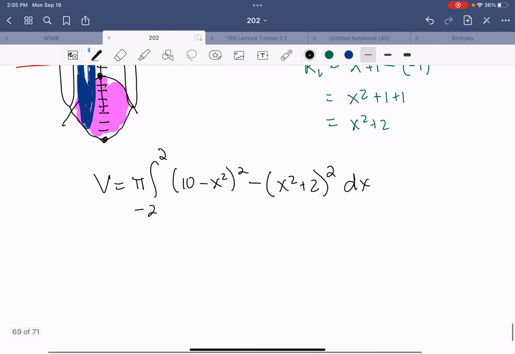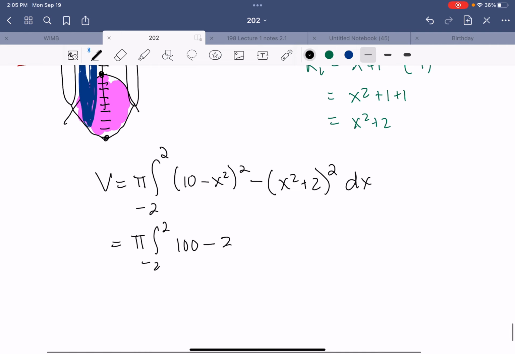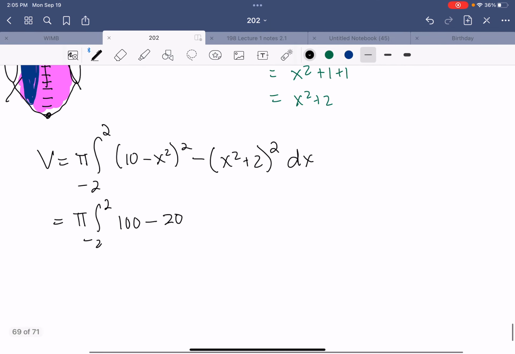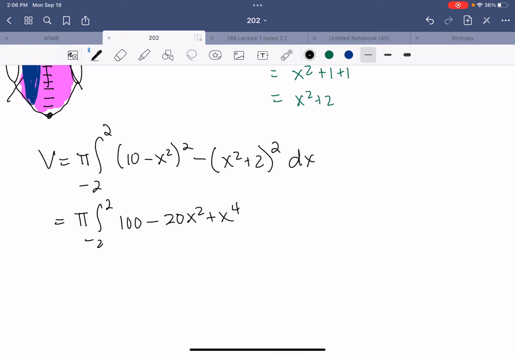From here, we are going to expand and simplify. That's going to give us 100 minus 20x squared plus x to the 4th, and then minus x to the 4th minus 4x squared minus 4 dx.